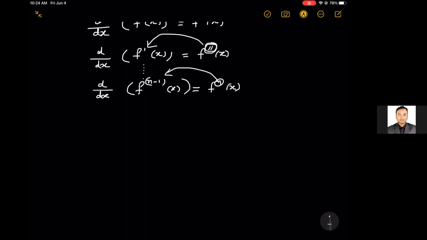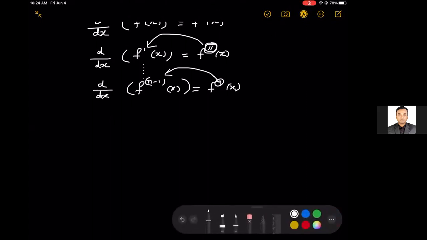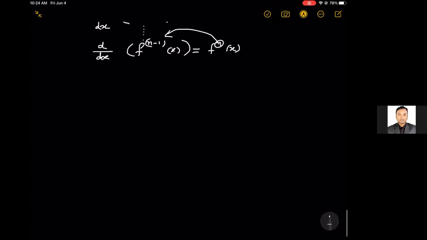In other words, if I try to reiterate it. If you're trying to find the fifth derivative, f with 5 in parentheses, all you need to do is to find the derivative of f4, right?